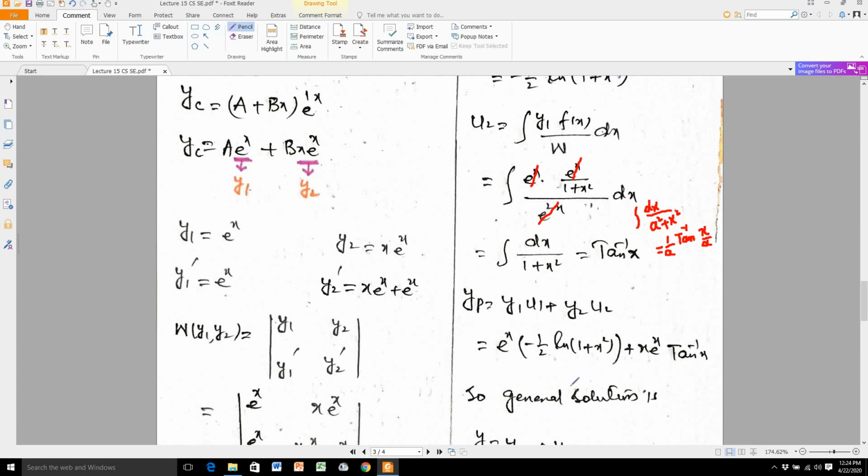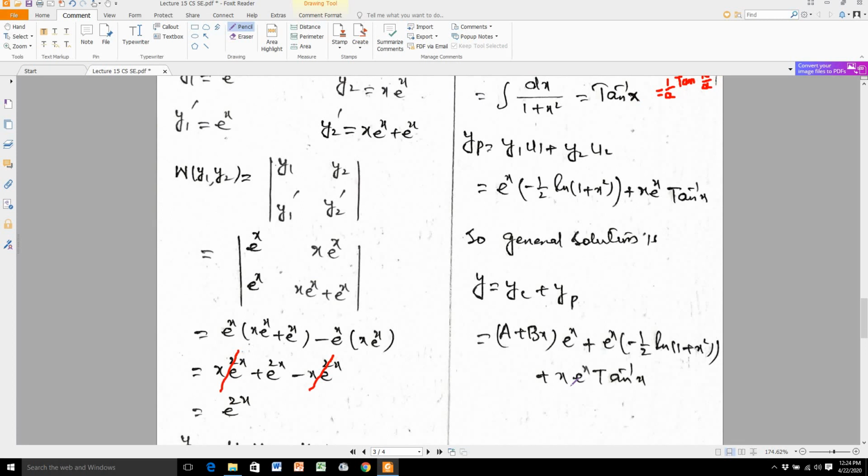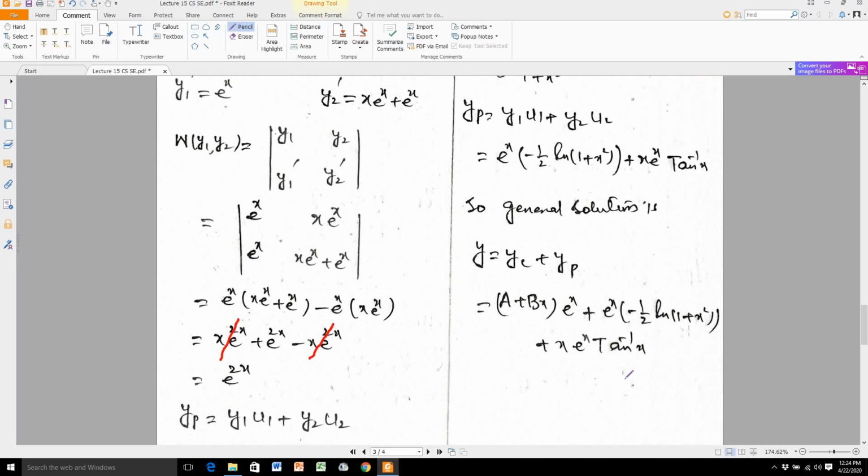In this way our general solution is y is equal to yc plus yp. Substitute here the value of yc, that is a plus bx into e raised to the power x, plus the value of yp, which is e raised to the power x into 1 minus 1 by 2 log natural 1 plus x square, plus x into e raised to the power x tan inverse x.